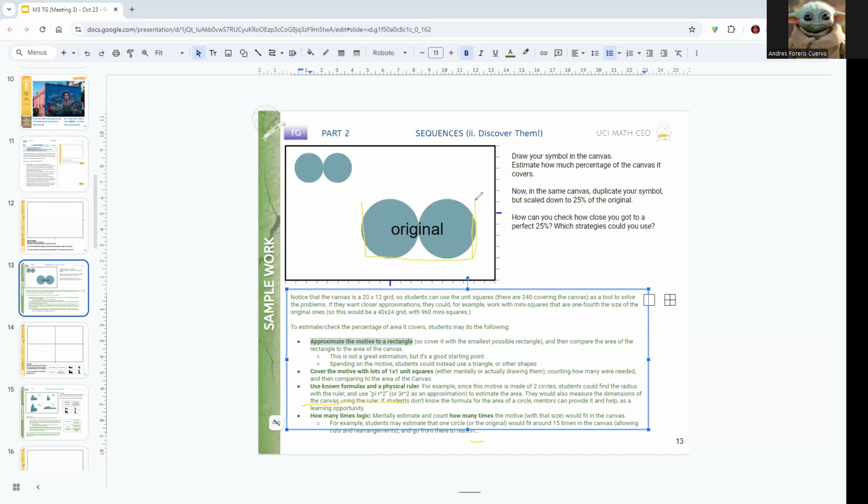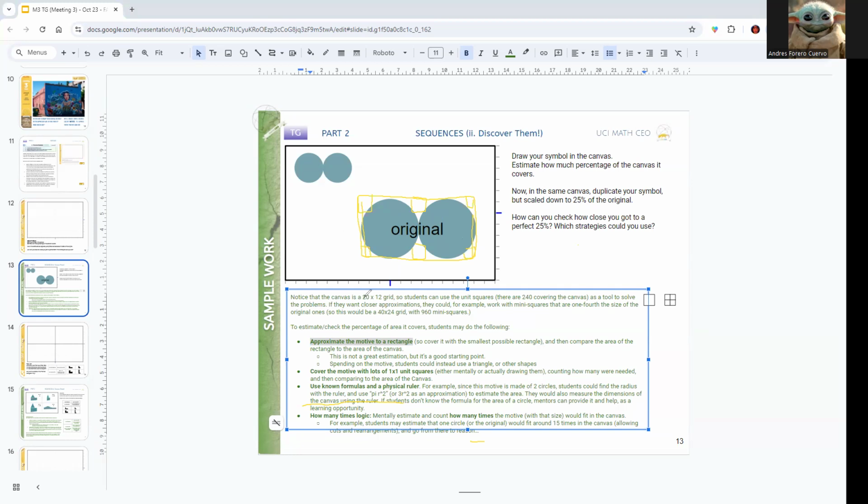Let's make it the smallest rectangle such that the motive fits. And then try to make sense of the area of this whole rectangle. And then you could stop there and that's an approximation. Or actually say, hey, we can actually remove these rectangles and so on. So it's a very flexible method with many different ways to complement it for the level of accuracy.